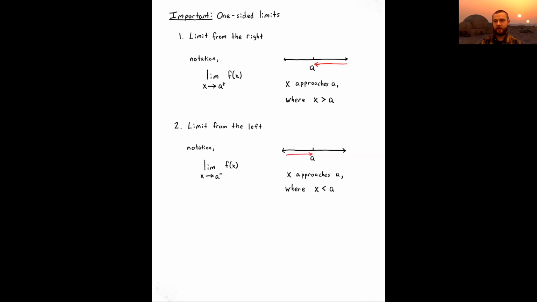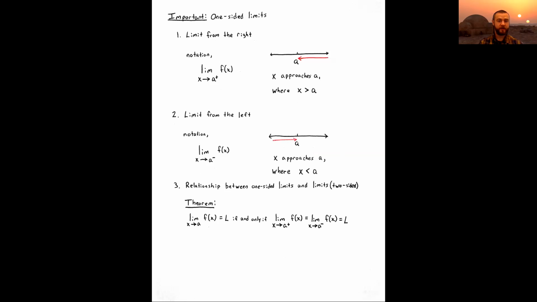All right, now at the top here, it's listed as important, but this is just notation. It's not really that important. What is important is this third remark, the relationship between one-sided limits and limits. Earlier, think back to our first example, we let x approach 0 from both sides, positive and negative values, simultaneously.